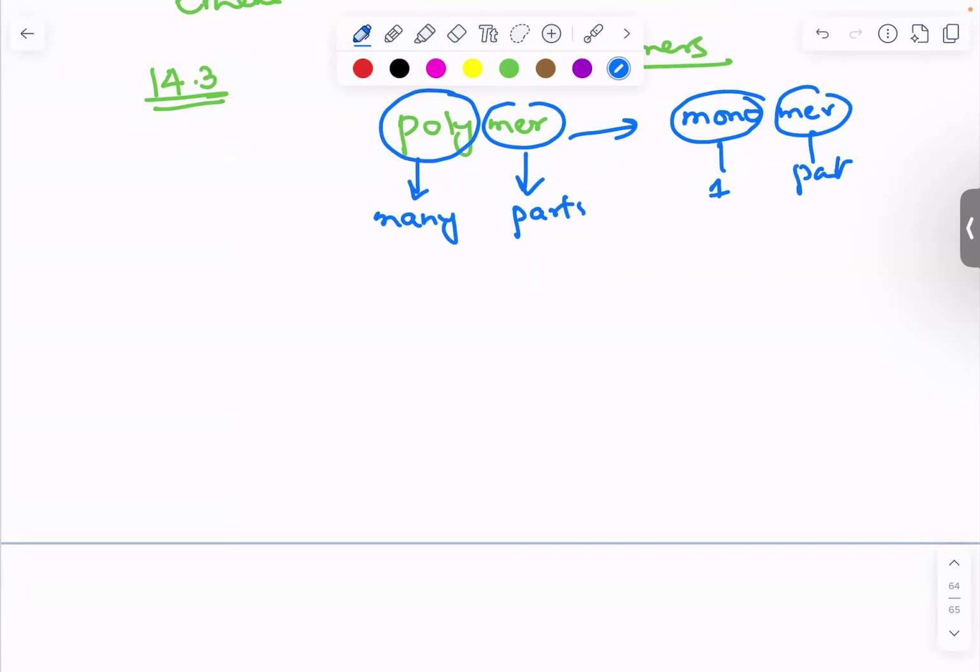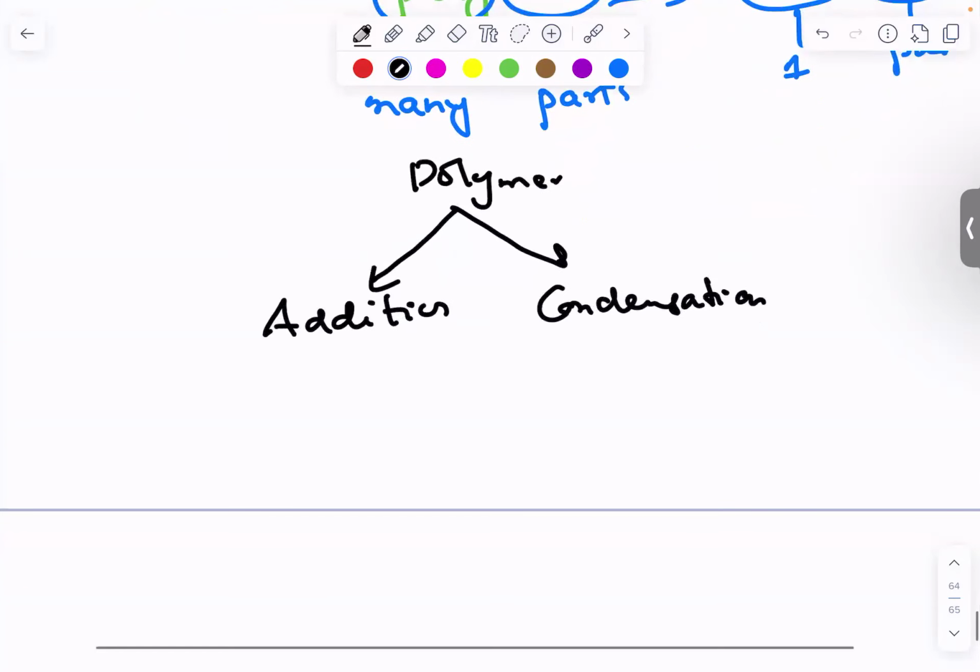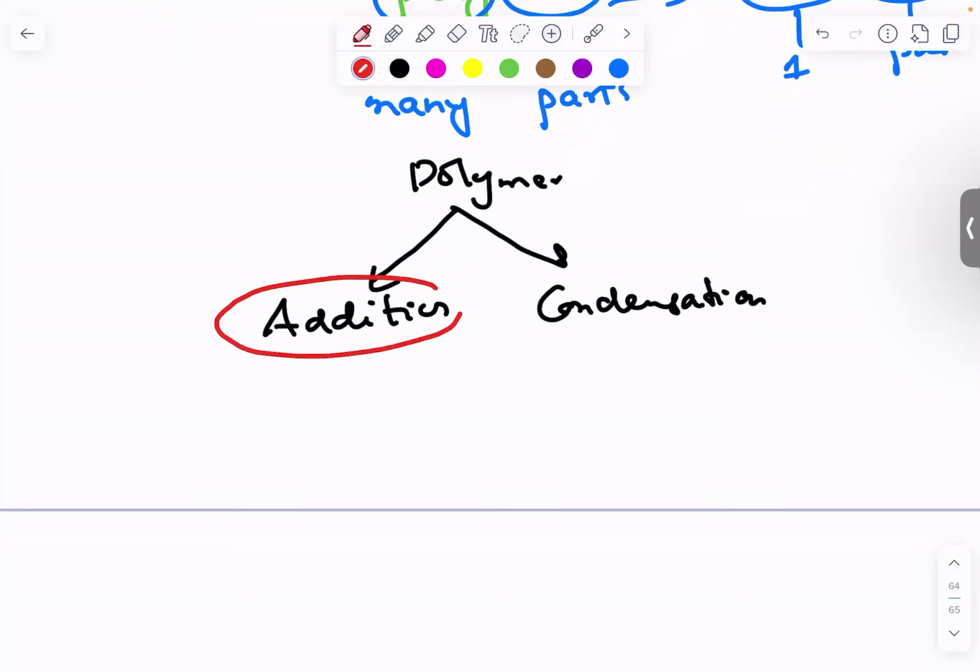Now, broadly, polymers are divided into two main categories. What are they, beta? The first one is addition polymers, and the second one is condensation polymers. Addition polymer means that this polymer is formed by an addition reaction.